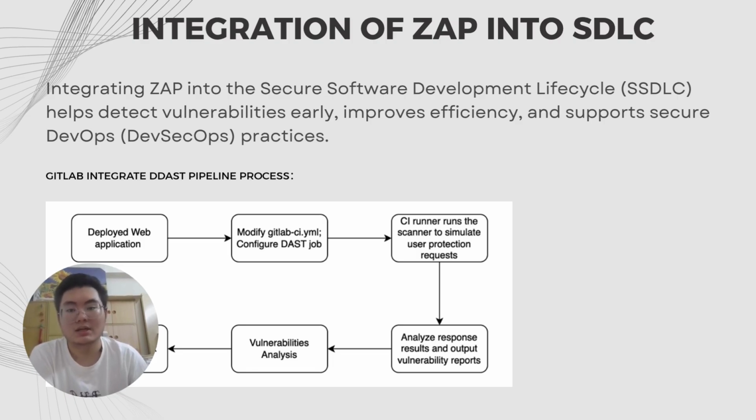Last is the integration of ZAP into the SDLC. Integrating ZAP into the secure software development life cycle, SSDLC, is crucial. By running ZAP scans during development, staging, or CI/CD builds, we can catch security issues early before the vulnerabilities reach production.